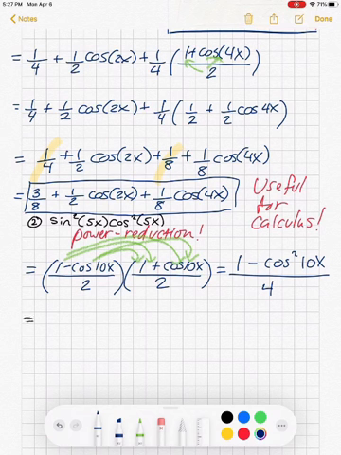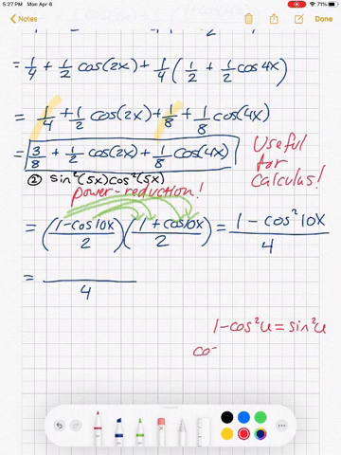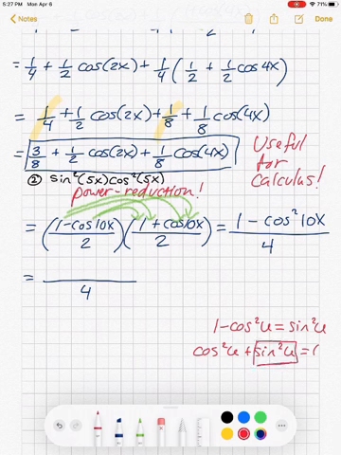This guy actually turns out nice because look at this. Here's something nifty. Isn't it true that 1 minus cosine squared of something is sine squared of something? Where does that come from? It comes from this identity, right? If I solve for sine squared, it is 1 minus cosine squared, right?